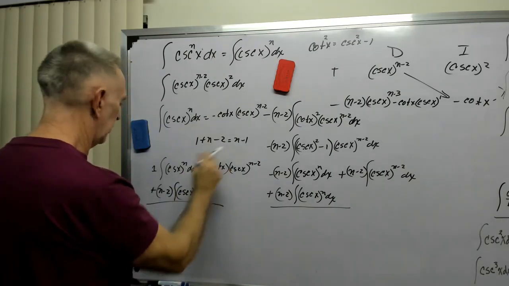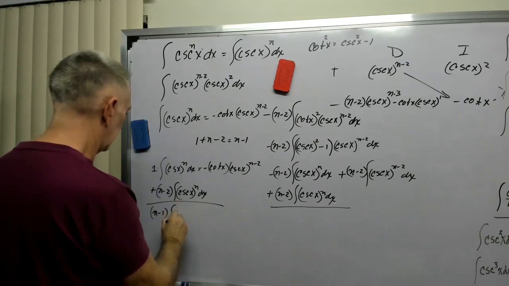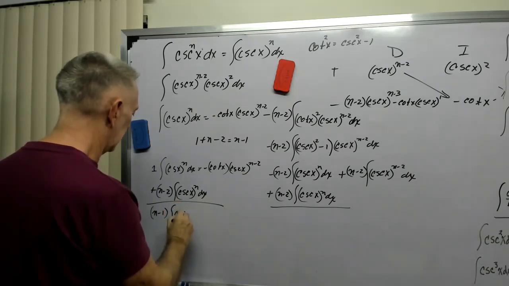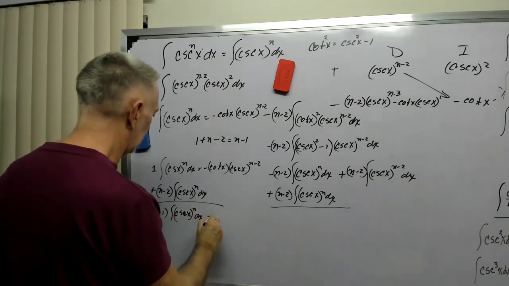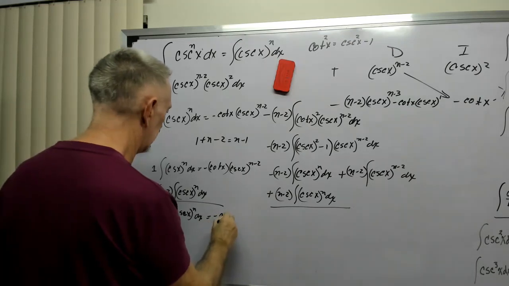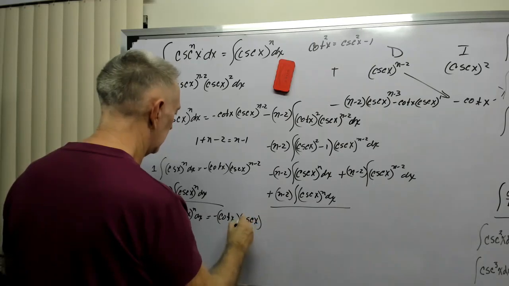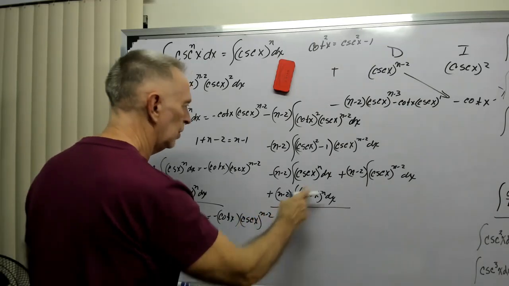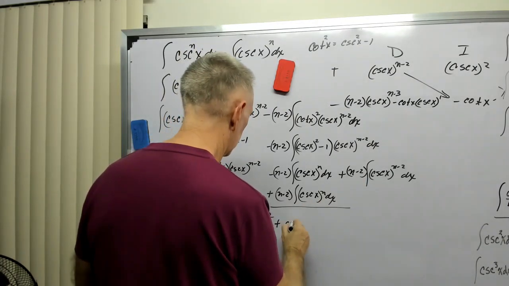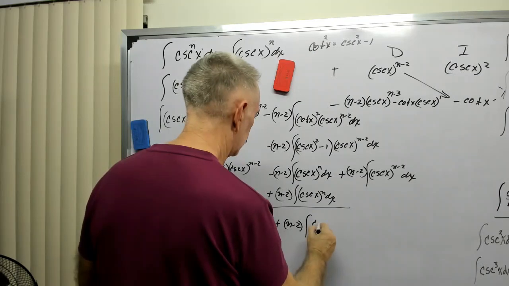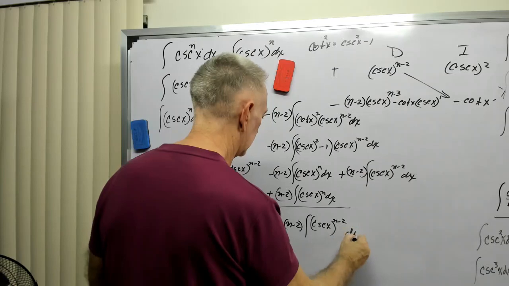Alright, so I end up with n minus 1, the integral of cosecant x to the n dx equals minus cotangent x cosecant x to the n minus 2 plus n minus 2, the integral of cosecant x to the n minus 2 dx.